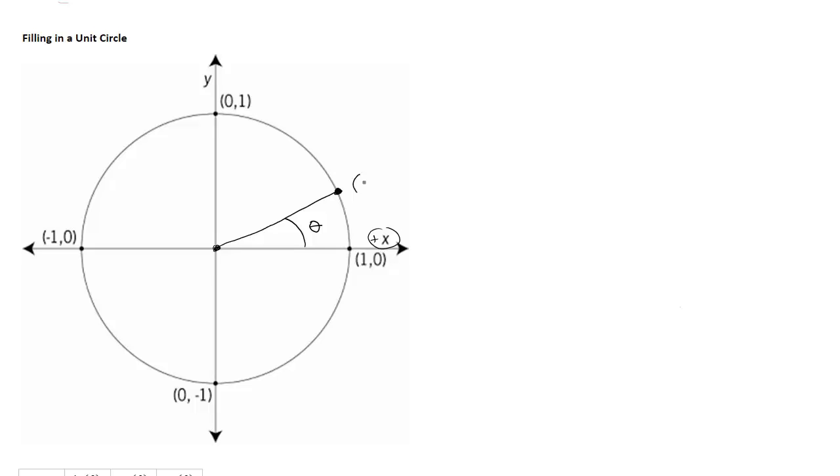You have an x value, and you also have a y value, because you've still got your y-axis and your x-axis present. So what you can see is you can use an angle to change the x and y coordinates.